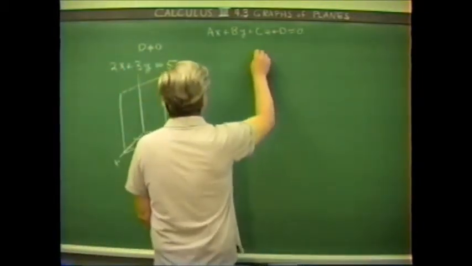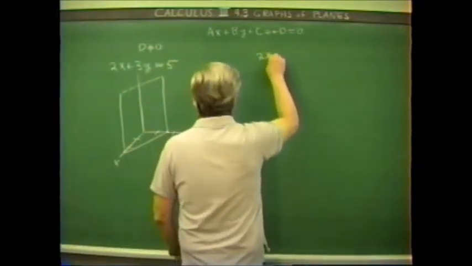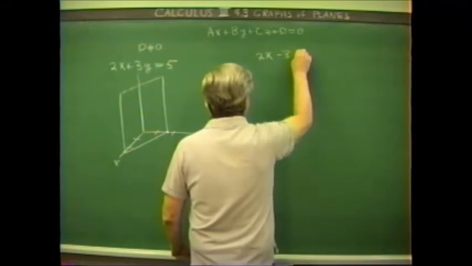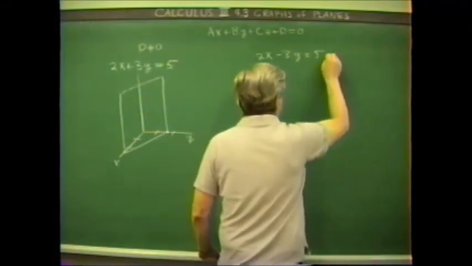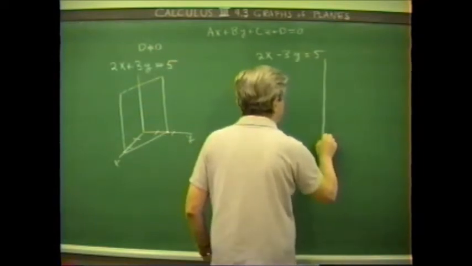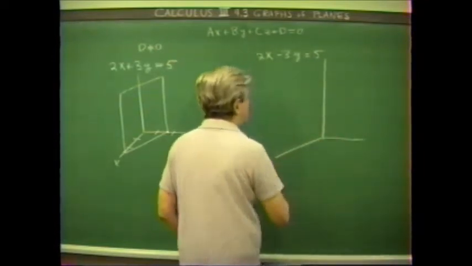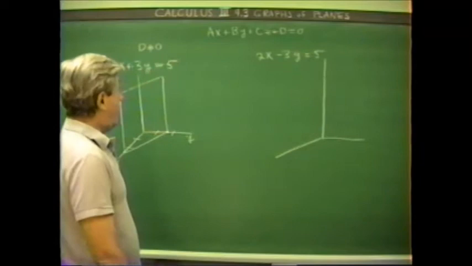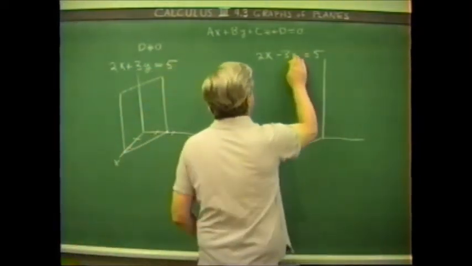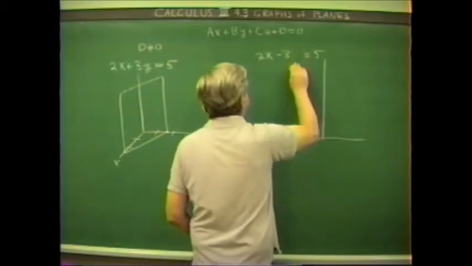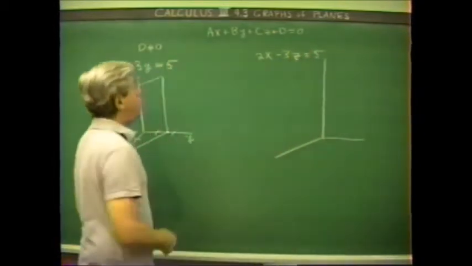Similarly here, let's make this 2x minus 3z equals 5. So there's no y value here, for example.